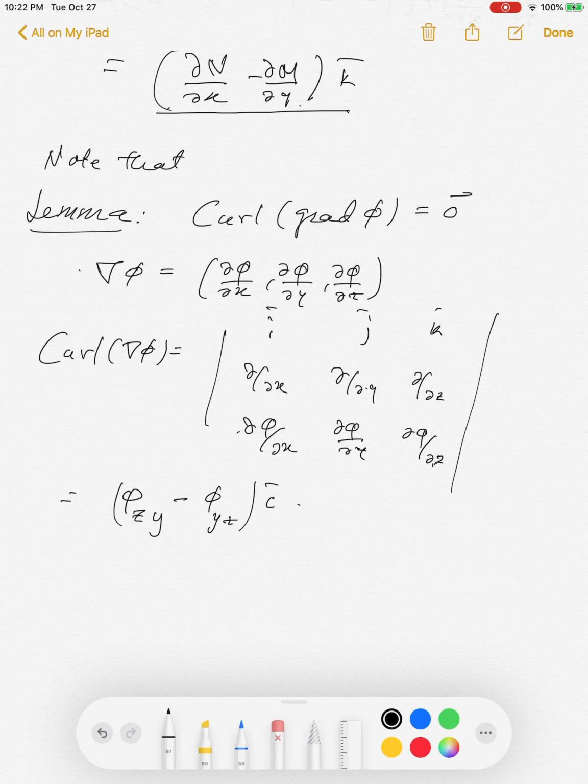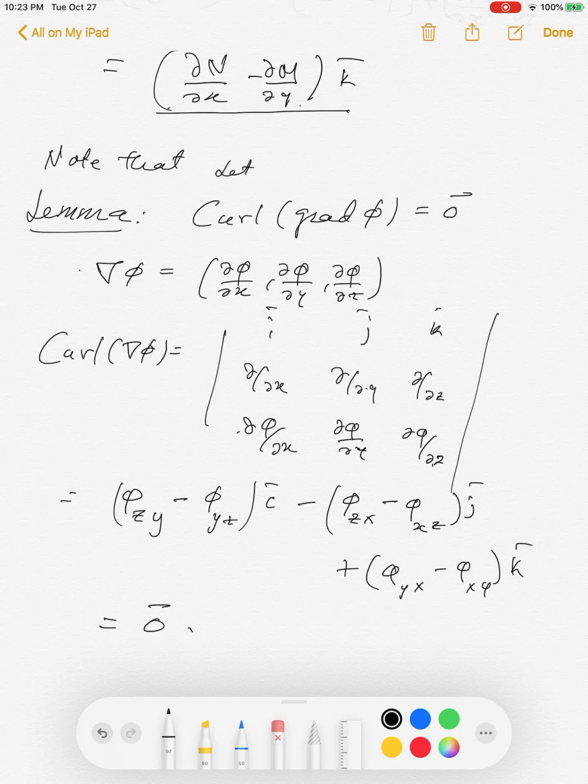minus partial with respect to y and then with respect to z. So phi zy minus phi yz i bar, minus phi with respect to z and then with respect to x minus phi with respect to x then with respect to z j bar, plus phi with respect to y and then with respect to x minus phi with respect to x first and then with respect to y k bar.